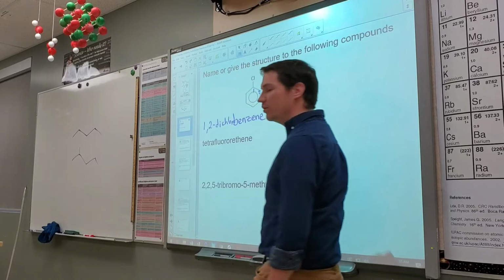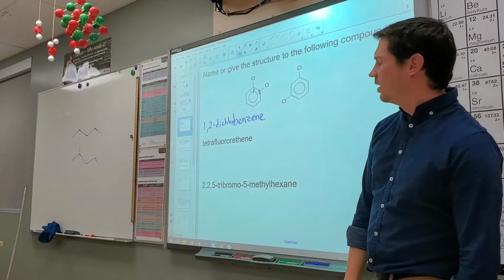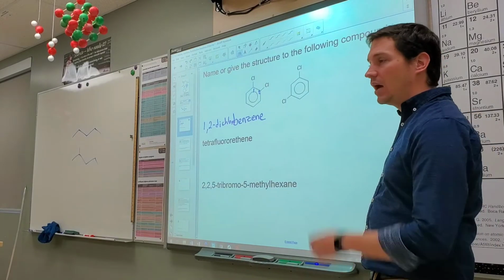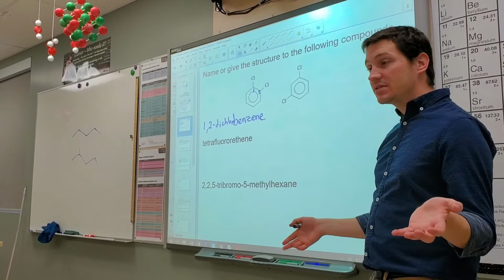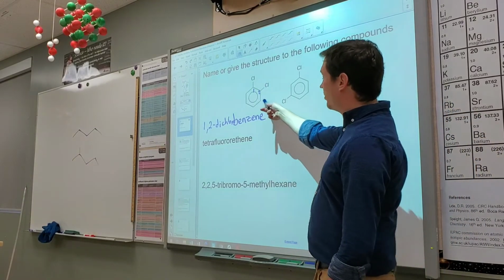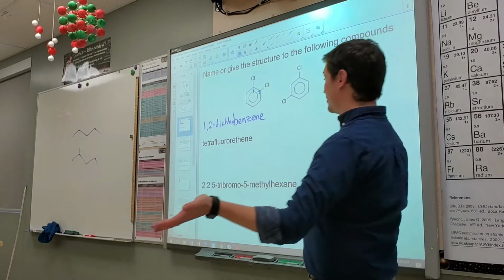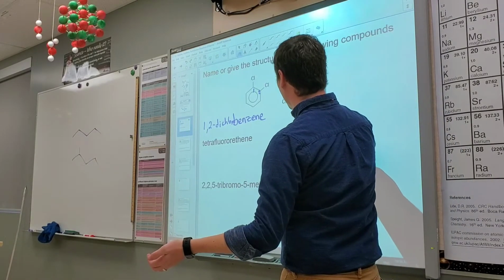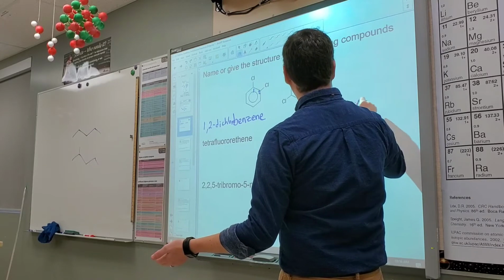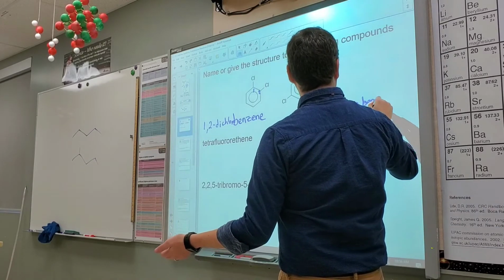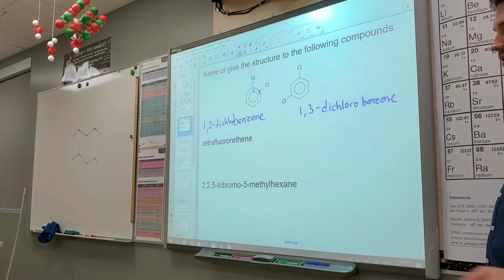I kind of ran out of room, but you know what I'm talking about. So what's the only difference between this compound and that compound? This is 1,3-dichlorobenzene. All one word, right? No spaces.